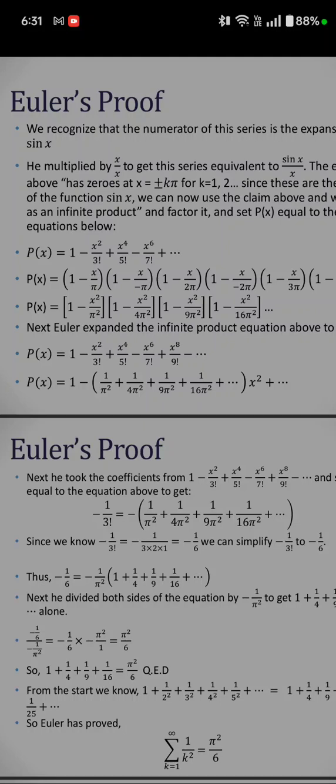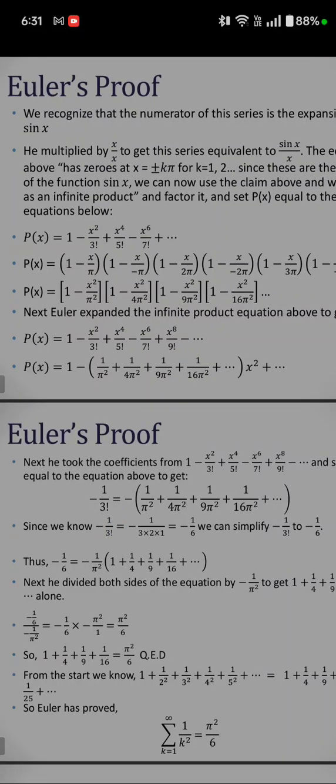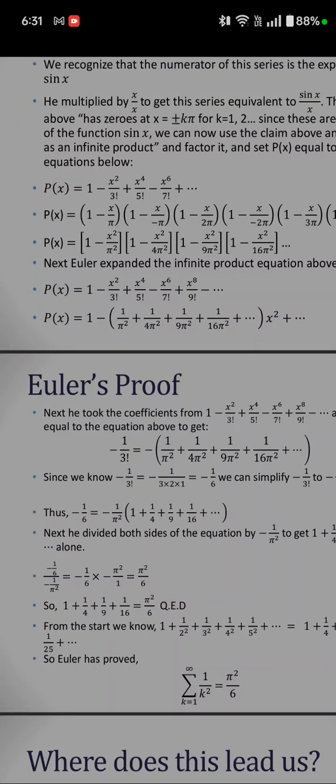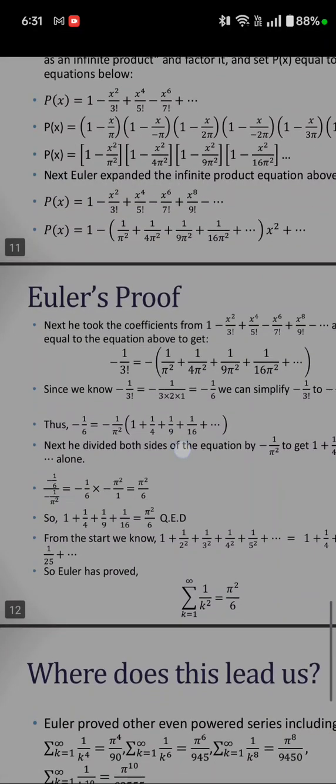So these both equations are equal, so 1 upon 3 minus 1 upon 3 factorial would be equal to minus 1 upon pi square plus 1 upon 4 pi square, because the coefficients are the same. And 3 factorial is 6. This is just a basic thing, and the minus sign will get cancelled out.